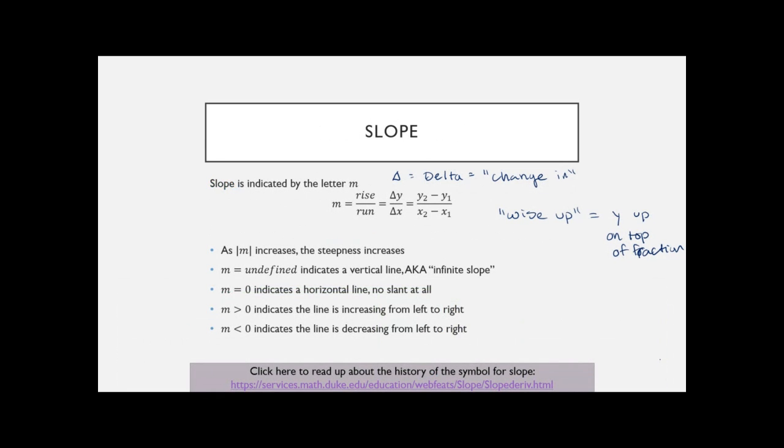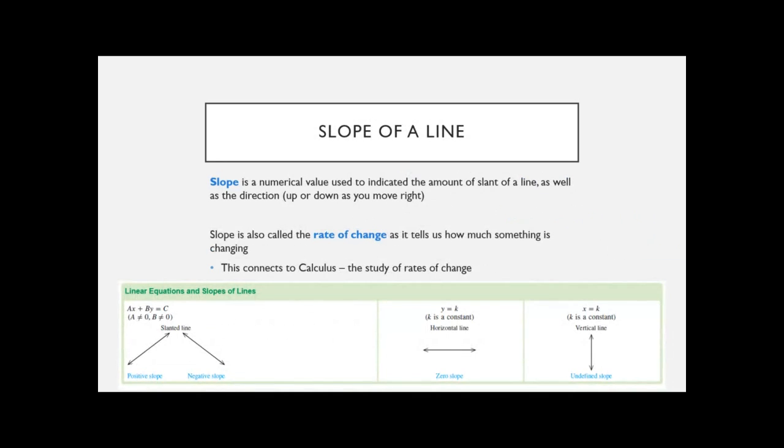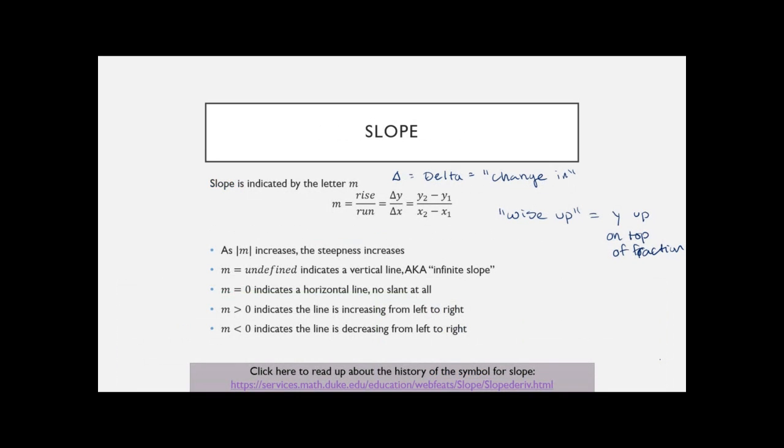So that's how we get an undefined slope. Now, if there's no vertical change in a horizontal line, it's only going left or right. It does not go up and down. So the top of your fraction is 0. 0 divided by anything is 0, and that's how you get a slope of 0.